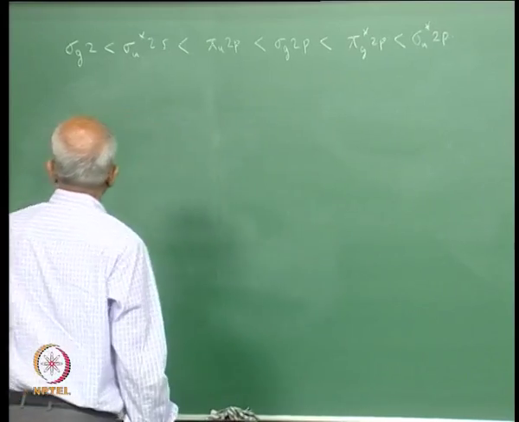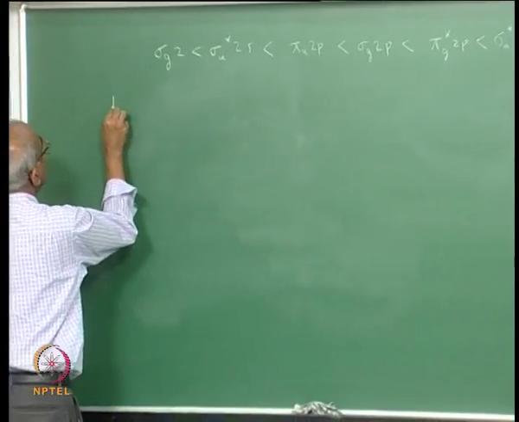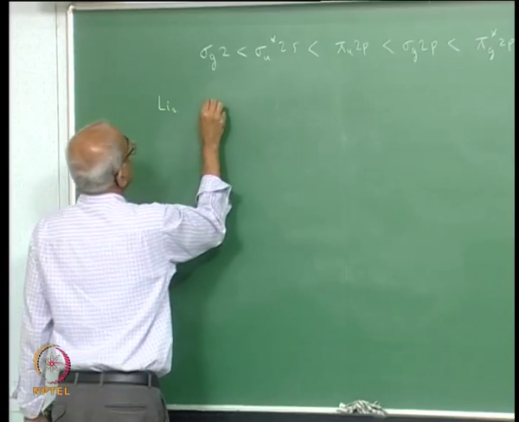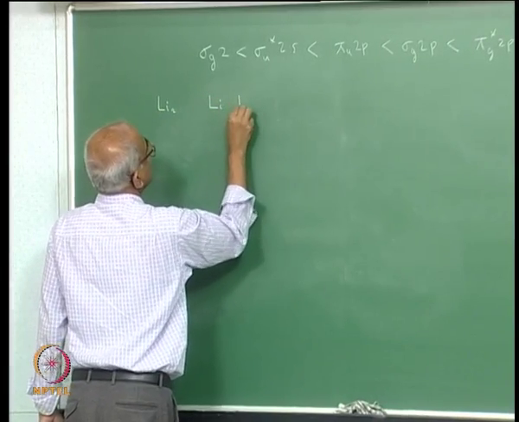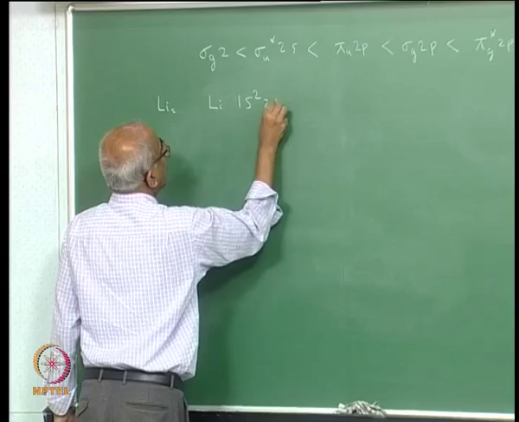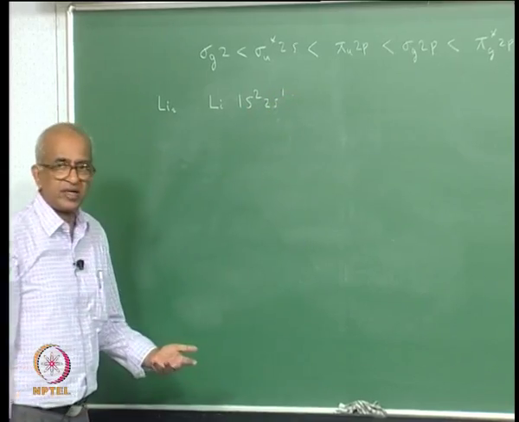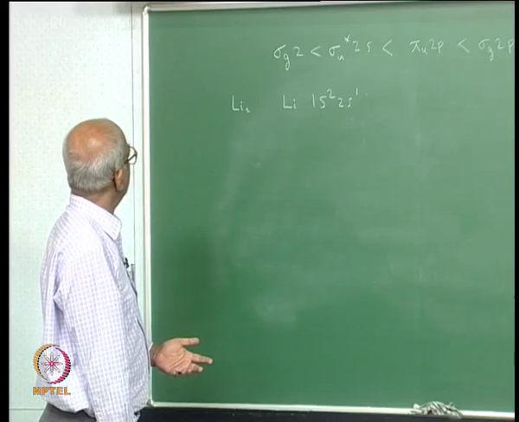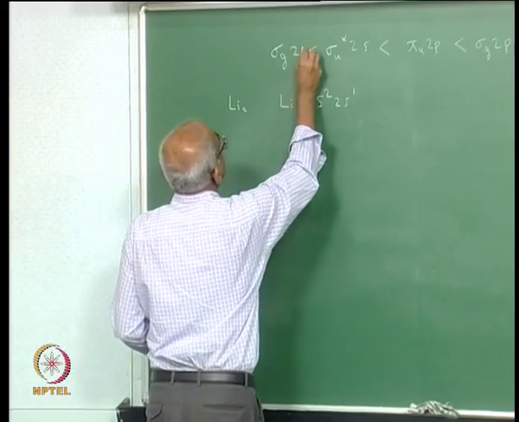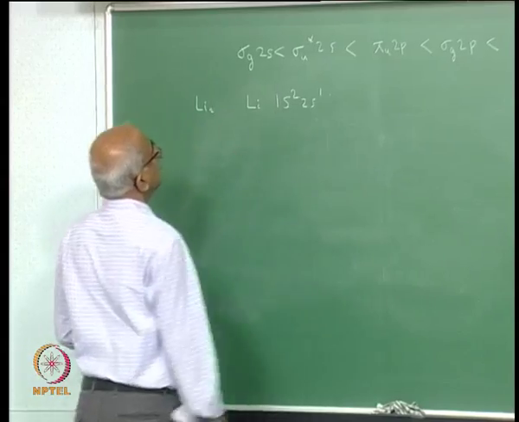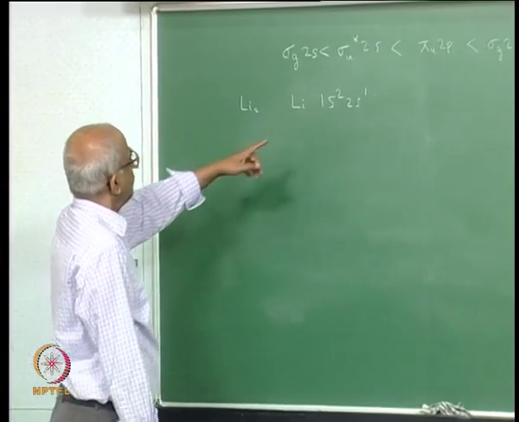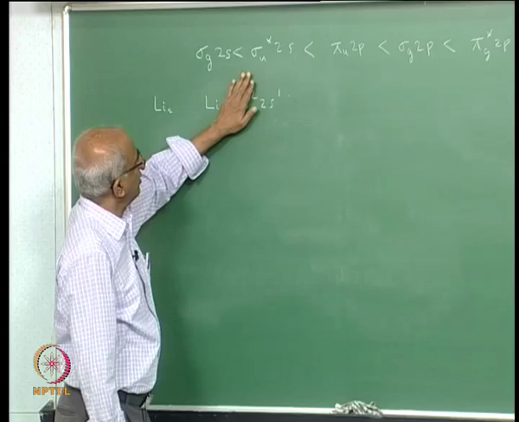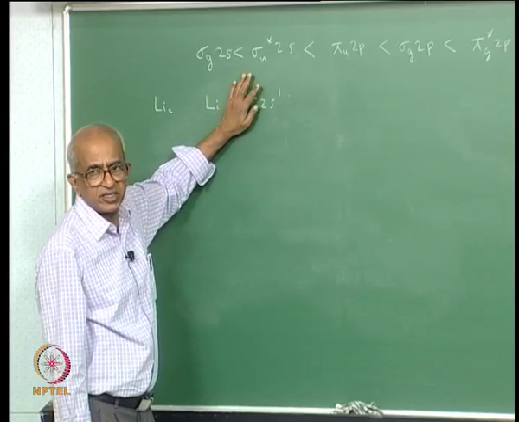Now, going back to Li2, lithium has the electronic configuration 1s2, 2s1. So, it has only one valence electron, and remember we are not going to be interested in 1s2 electrons.